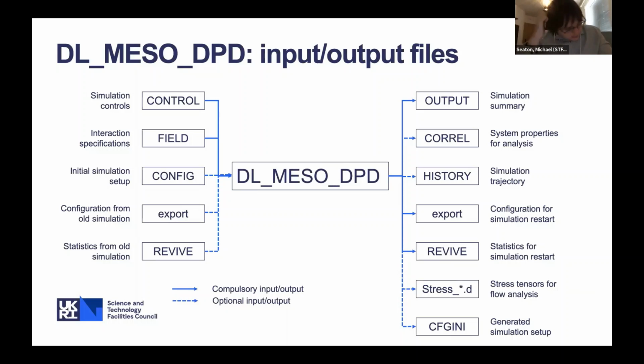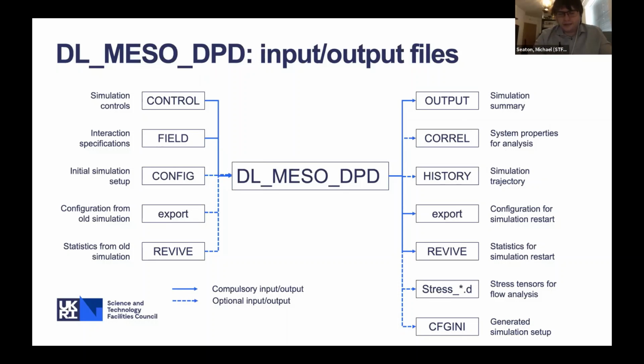What you get out of it are a simulation summary in a file called output. You can optionally get some tabulated system properties for later analysis. There's a file for simulation trajectories, and then you've got two files for simulation startup, a configuration and then accumulated statistics. And then you can also get a couple of other optional outputs.